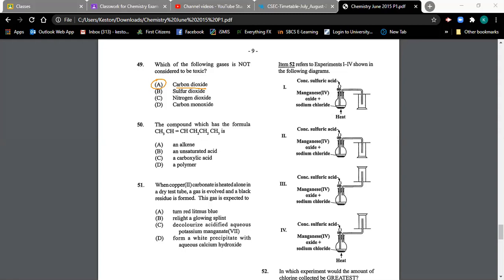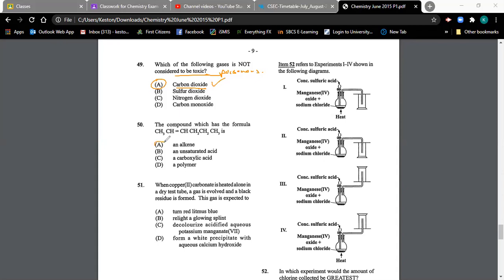Higher concentrations affect respiratory function, causing excitation followed by depression of the central nervous system. So it's not toxic. Carbon dioxide is not a poisonous gas. Right, so A is not considered to be toxic or poisonous. The others are. Yeah, A for 49. Everybody okay with that?